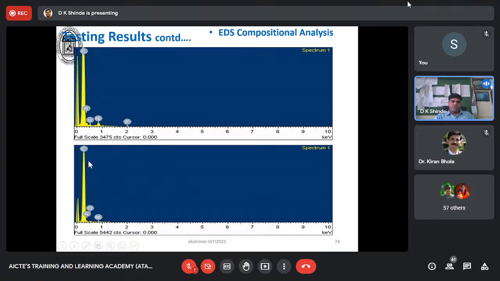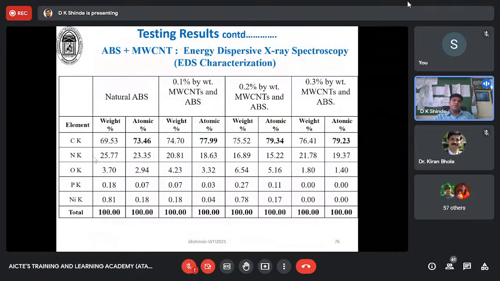We also did the statistical analysis to see the atom percentage or weight percentage of carbon. Carbon, nitrogen, oxygen, phosphorus, nickel are the major elements detected in the EDS analysis. Continuously we see 73, 77, 79, 79.